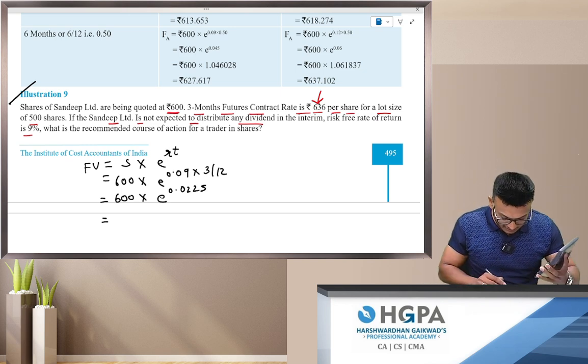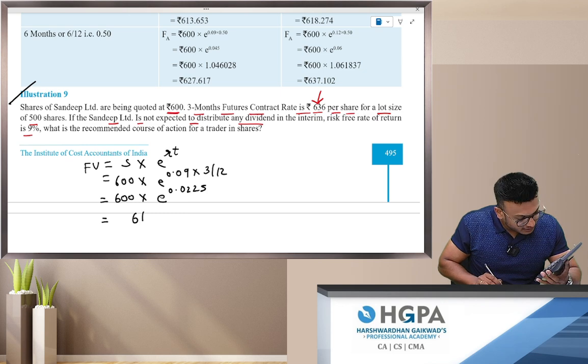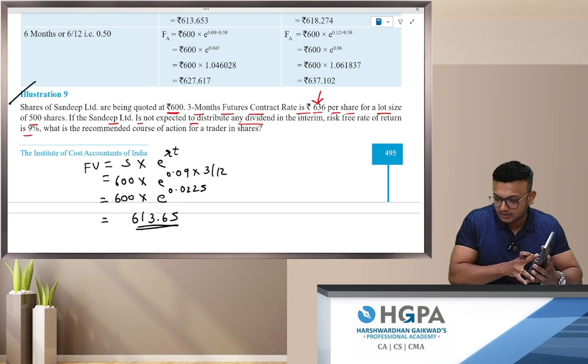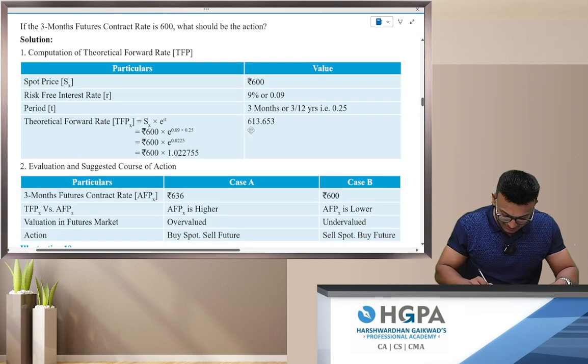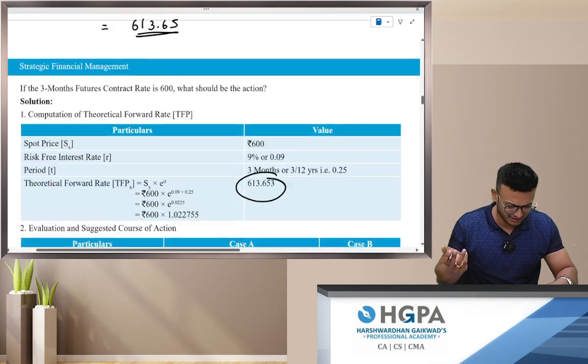So my answer is 613.65. We'll check how much is the model answer. It's the same, 613.65. Same answer only.